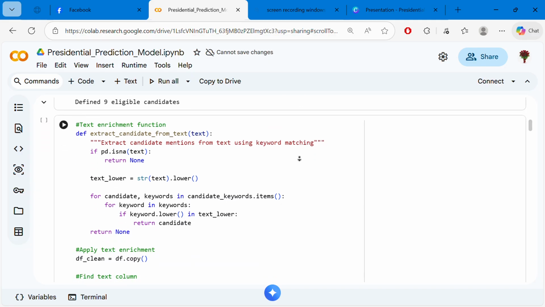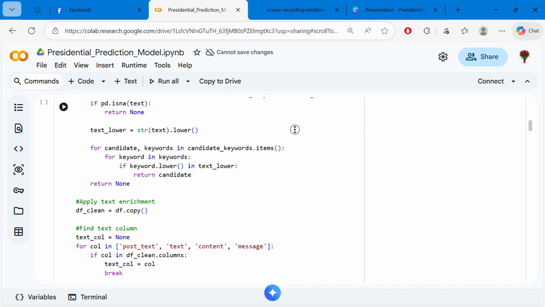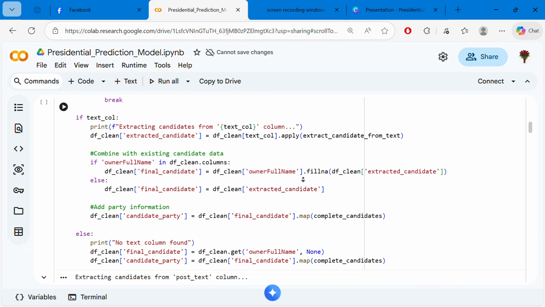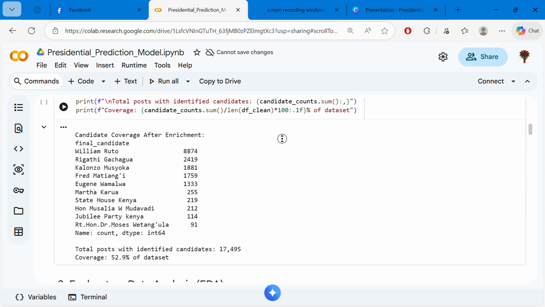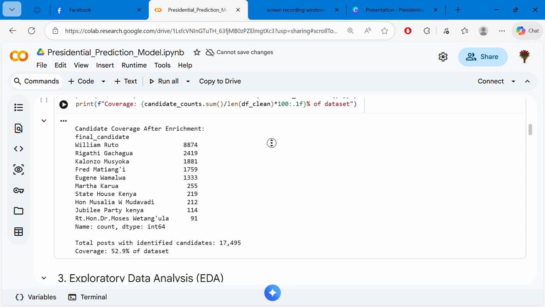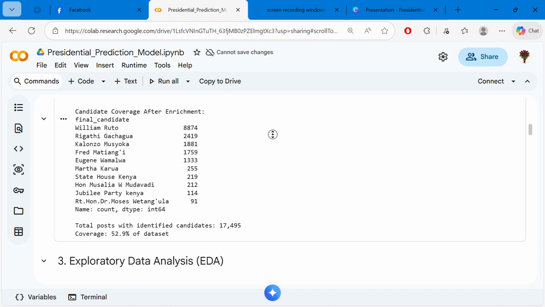This is the function we used to extract candidate mentions from the posts, and we found this result: 9 candidates covering 52.9% of the dataset, including William Ruto, Rigathi Gachagua, Kalonzo Musyoka, and Fred Matiang'i.